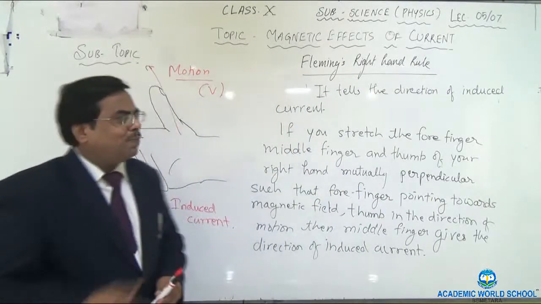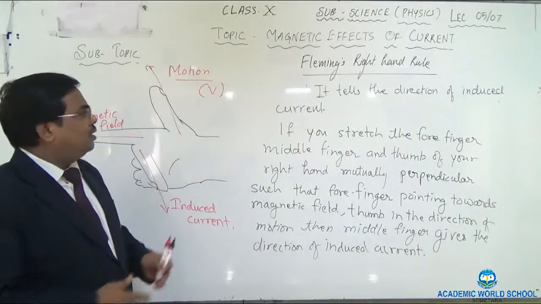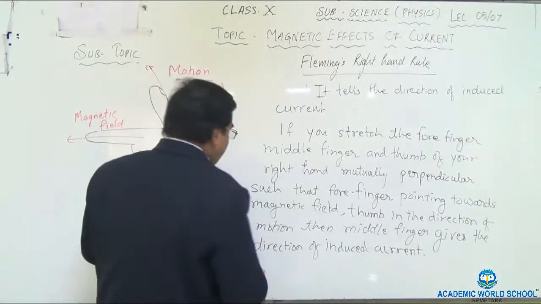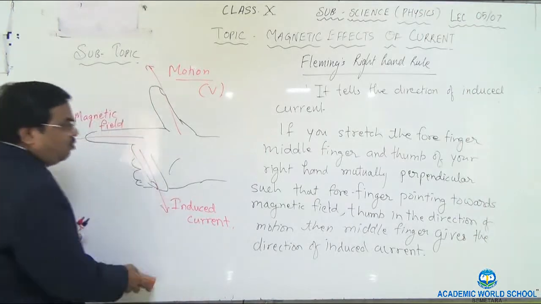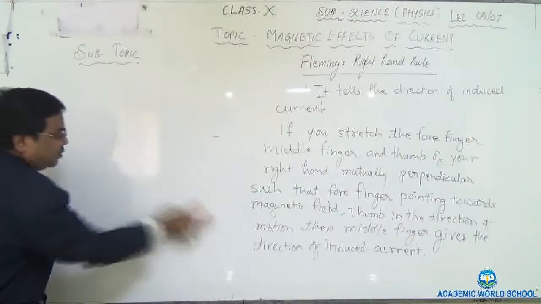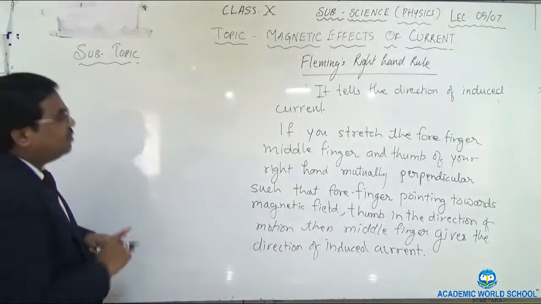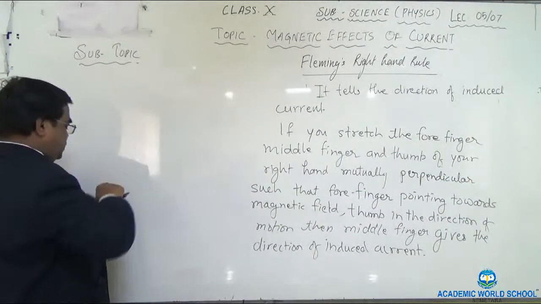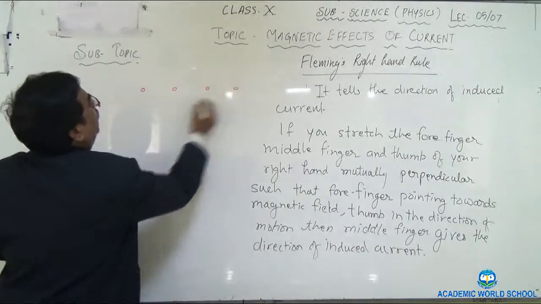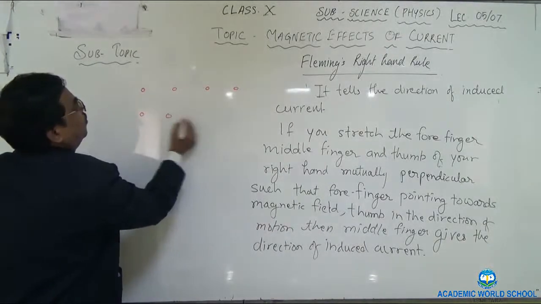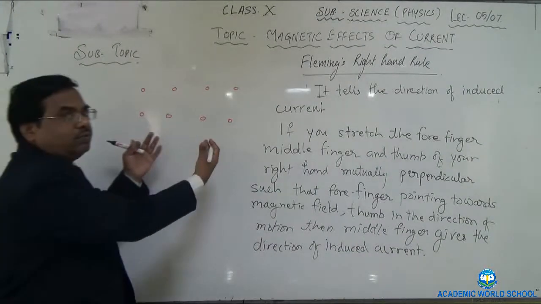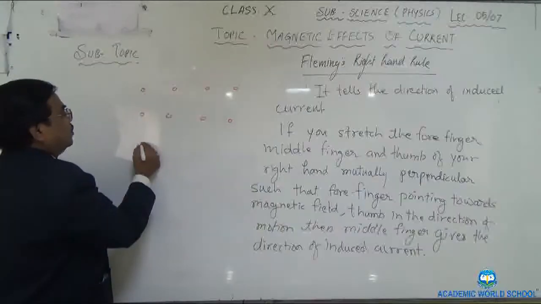Now let's see one application, how we will apply Fleming's right hand rule. So here I will draw one magnetic field for you. Let us say these dots are magnetic lines cross section and lines are emerging out from the whiteboard.